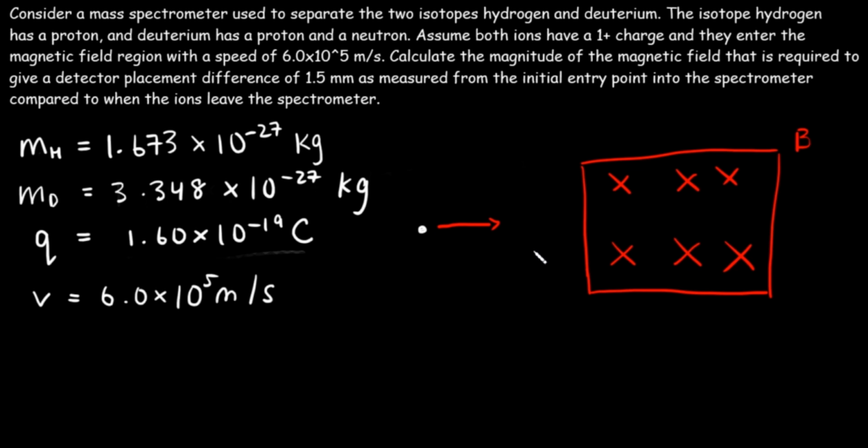If it's going into the page, you have to use your right hand rule to figure out the force acting on the isotope. Your fingers face the computer, since that's into the page, and your thumb faces to the right, since your thumb represents the velocity. Your palm is facing up, so the force is in an upward direction, which means the isotope is going to go up, and then it's going to exit.